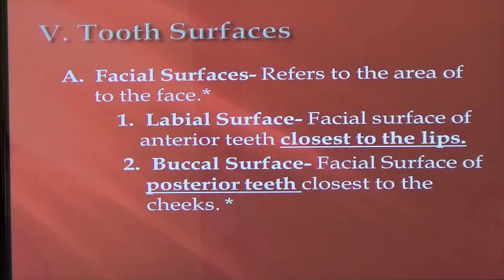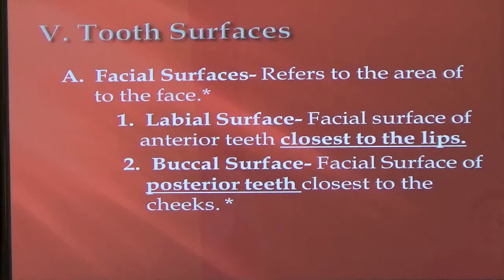On the back teeth, the facial surface is the buccal surface, because it's the cheek side. So it's closest to the cheek. On back teeth, your molars or premolars, the buccal surface is the facial.